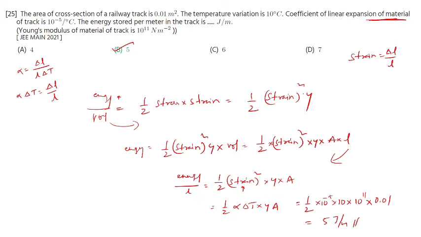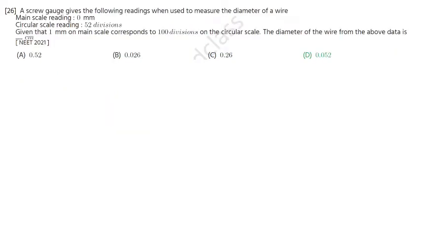Okay, now see the next question, children. A screw gauge gives the following readings when used to measure the diameter of a wire. Main scale reading, that is pitch scale reading, 0, and head scale reading is 52, and here 1 mm of the main scale corresponds to 100 divisions, that is least count 1 by 100, that is 0.01 mm, in centimeters it is 0.001 centimeters.